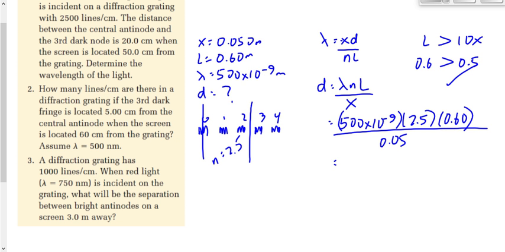Look at when we do that. Everybody should try this if you haven't already. (1.5 times 10 to the minus 5). How many people got that?